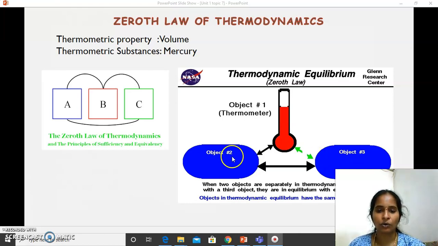So you have found the standard datum points for this thermometer, and it is used for finding the temperature of all types of bodies.